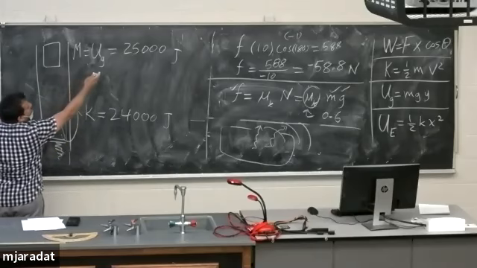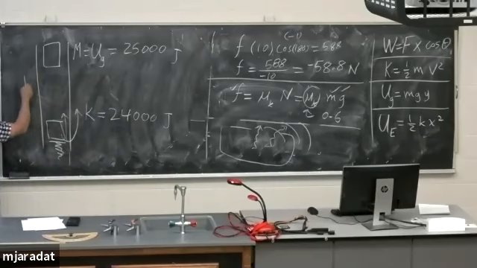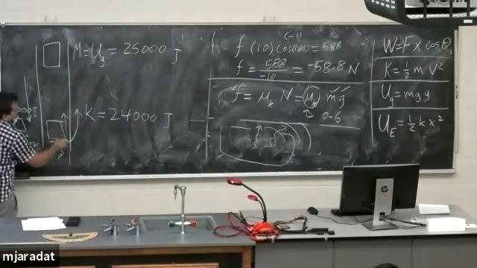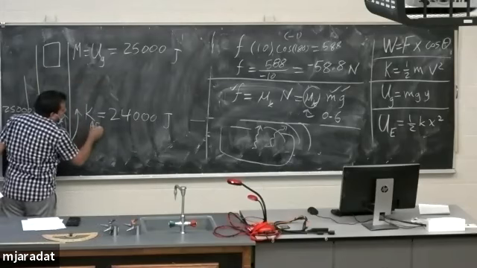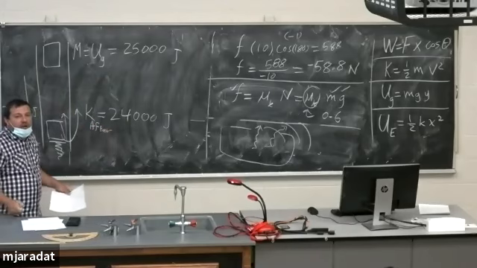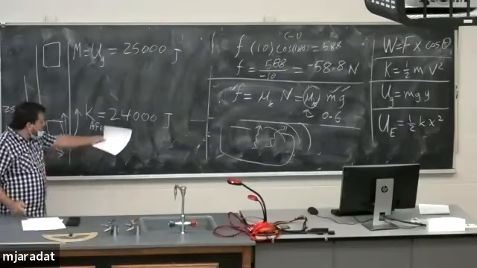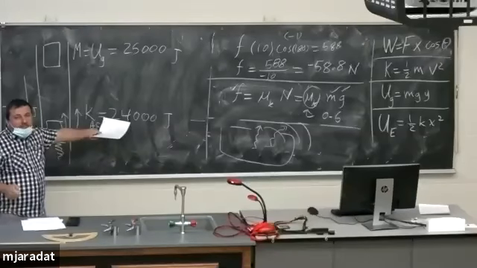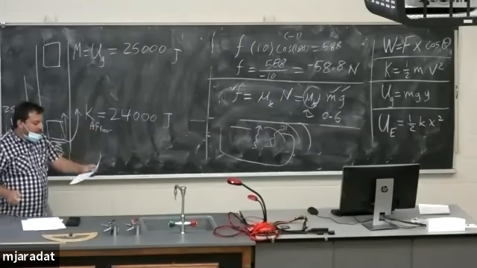Because when it falls in this direction, at this point before hitting the spring, it will have 25,000 joules of kinetic energy. Kinetic energy before. But kinetic energy after will be less than 25,000. I got this in the example, but it will be less than this.